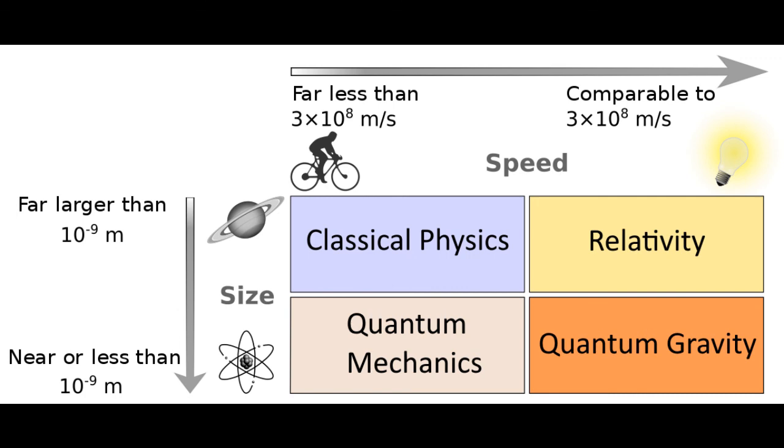So that's why it ends up on the bottom right corner of the grid. And this is something that hasn't quite been achieved just yet. They're working on it. Things are coming through, but it's still quite a long way. But if this can be done, then we basically have a theory of everything, which can describe how all the 4 fundamental forces behave at a small scale and near light speed, but still very much in progress.